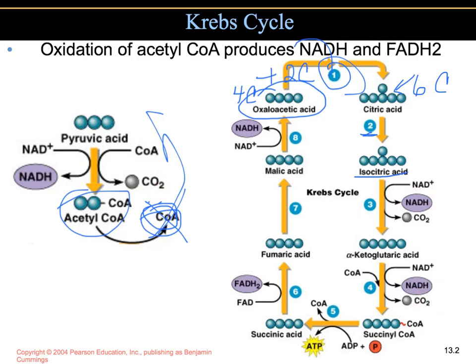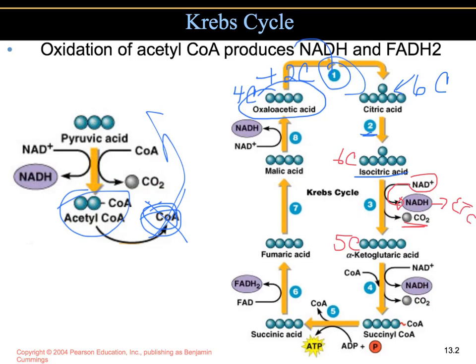Just to walk you through, here is the 6-carbon isocitric acid. A carbon is removed in the form of carbon dioxide, which will now make this 5 carbons. When that happened, the electrons that were released jumped onto this NAD+, forming NADH. Now that is going to go over to the electron transport chain.